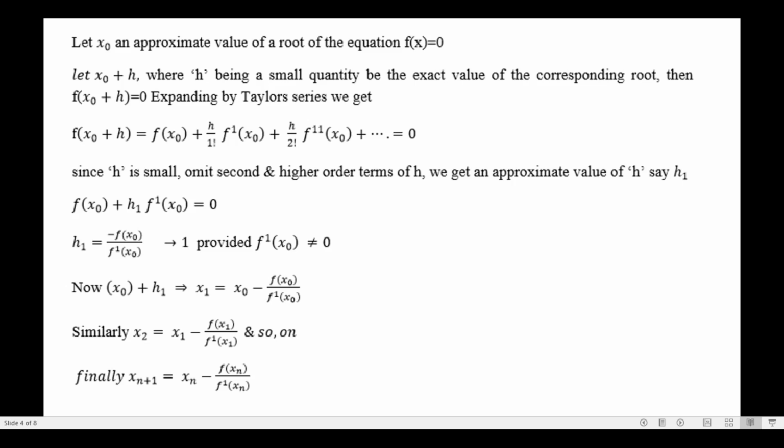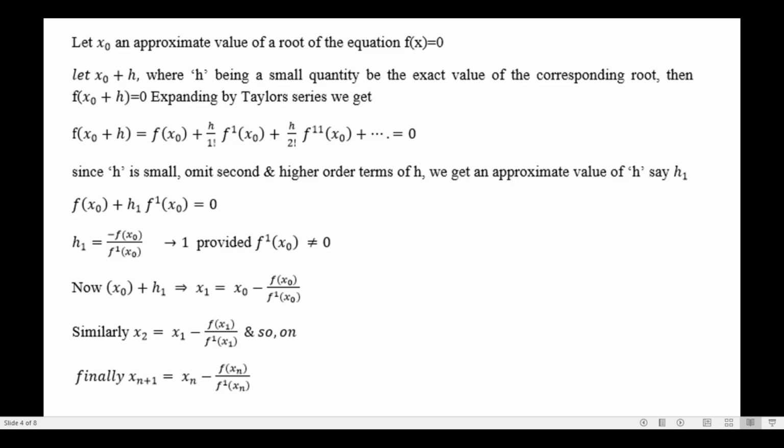Since h is very small, neglecting the terms containing h square and higher powers of h, we get f of x naught plus h into f dash of x naught is equal to 0.